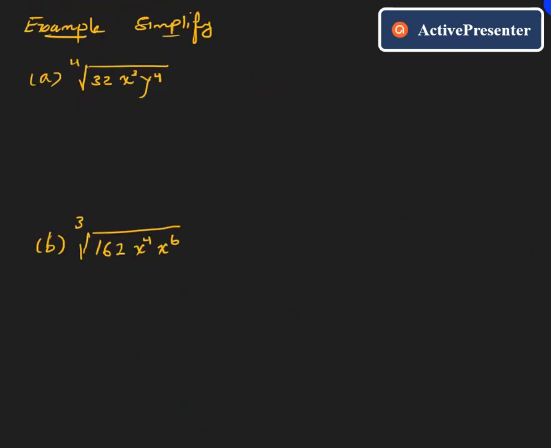Now let's take examples to assist our understanding. The first example is to simplify this expression. What to do to simplify? First thing, you separate those parts that can be eliminated by the radical and those that cannot be eliminated by the radical.